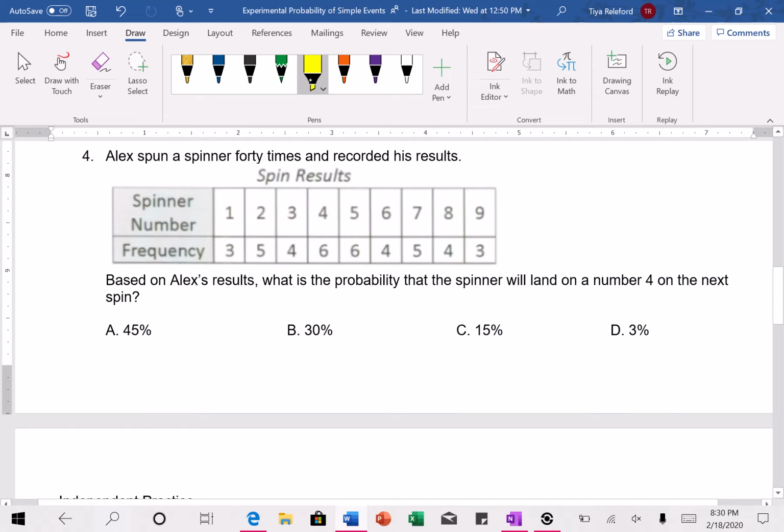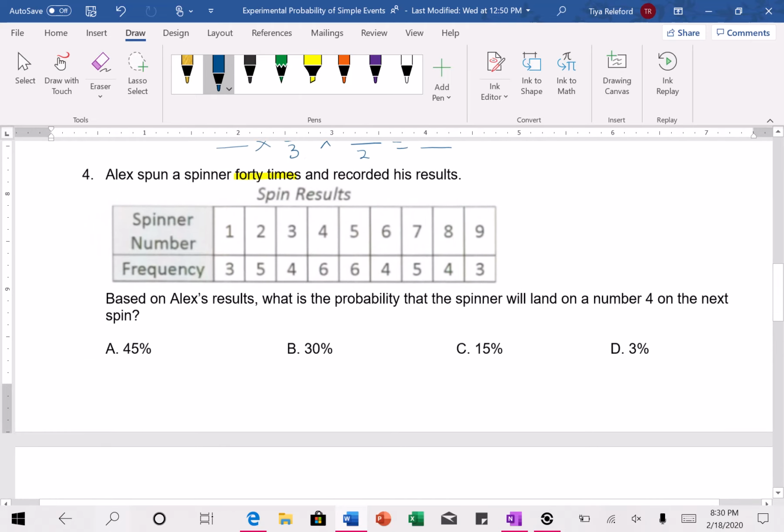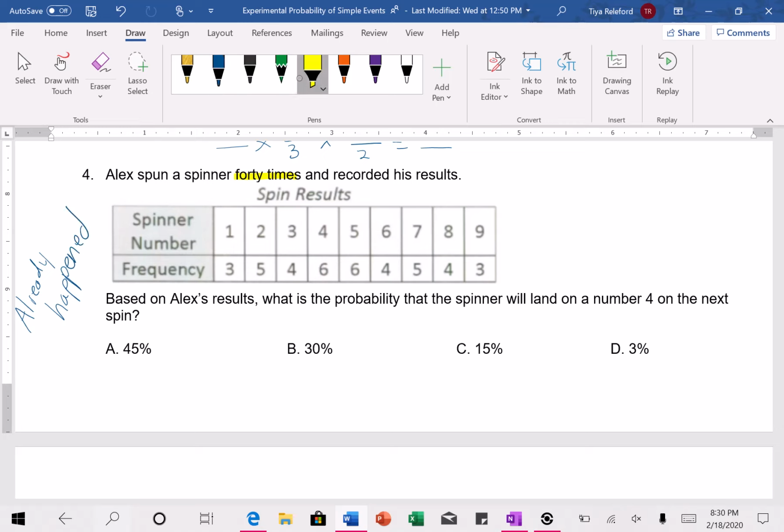Alex spun a spinner 40 times. Y'all, this has already happened. He has already done it. Based on Alex's results, what is the probability that the spinner will land on a number 4 on the next spin? So you need probability of the number 4.